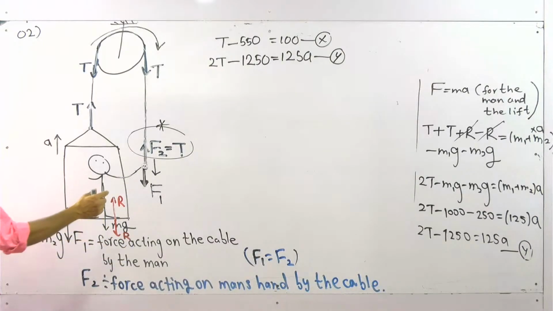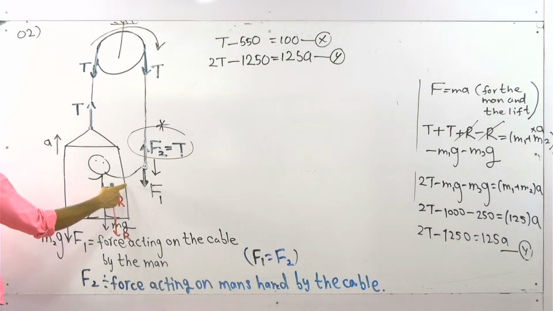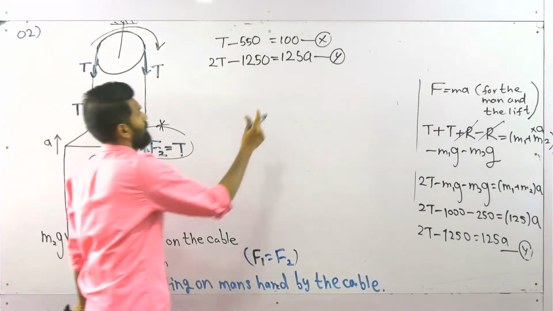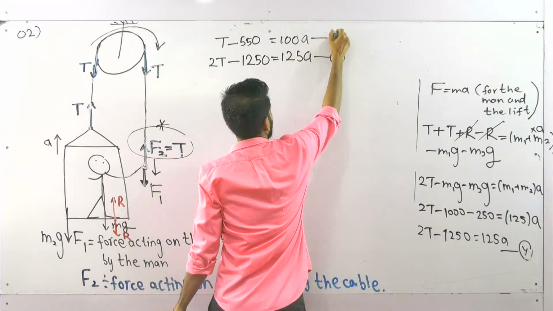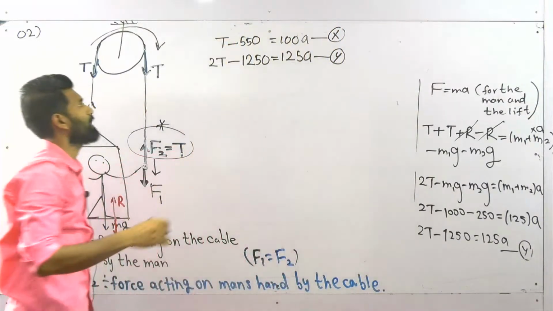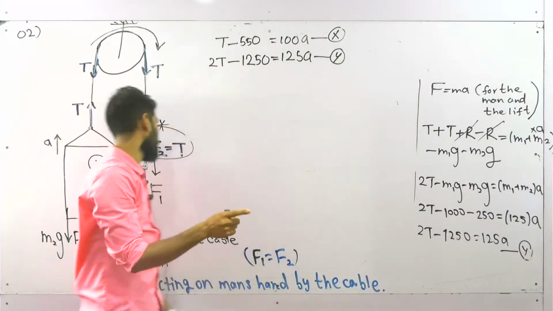Applying F equals MA for the man, T minus 1000 is equal to MA, 100A. So there's this 100A acceleration. I forgot that term. I'm sorry. We apply F equals MA for the man.